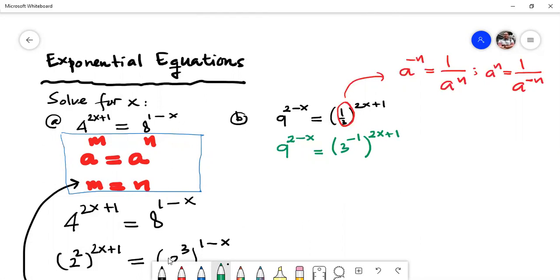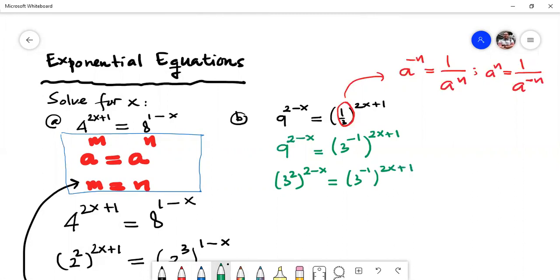So I figure out that 9 is actually 3 squared. And then outside of the bracket, we have 2 minus x, which equals 3 to the negative 1, 2x plus 1.